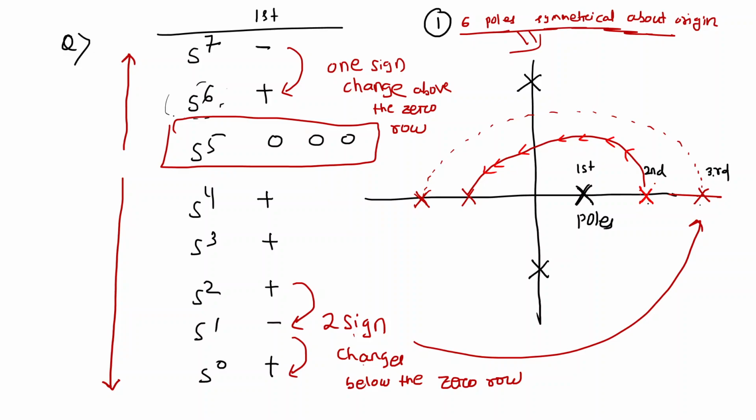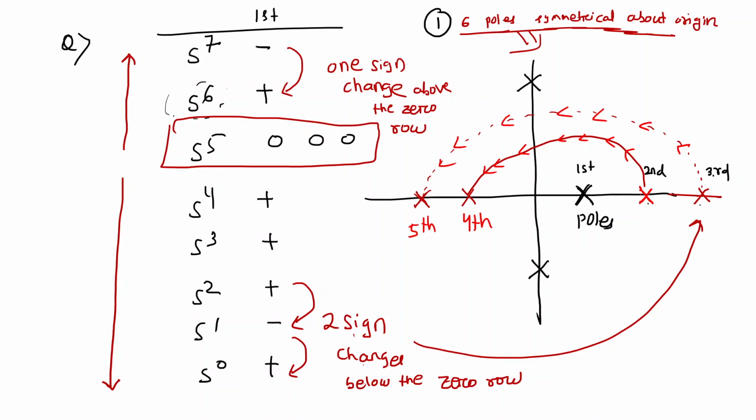I got one pair, and because there are 2 sign changes, place another pole which is also symmetrical about origin. So I place the second corresponding to fourth, and third corresponding to fifth. So I have already placed 5 poles. Out of 7 poles, I placed 5. But now I have to place another 2 poles because this is a 7th order system.